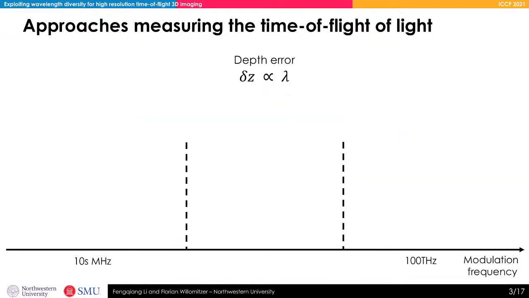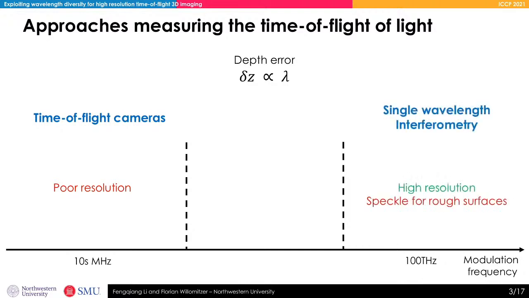The problem is that due to limitations in silicon manufacturing technology, the largest modulation frequencies that can be achieved with these time-of-flight cameras are on the order of 100 MHz, which results in a depth error of around 1 centimeter. There are alternatives on the other end of the spectrum. There is another time-of-flight principle that is well known in optical metrology, and this is interferometry. And interferometry is not using a modulated light source at all.